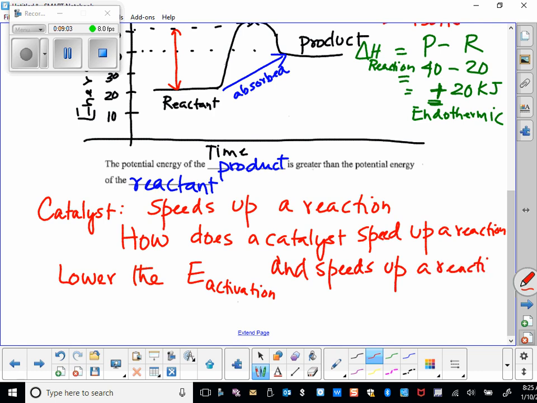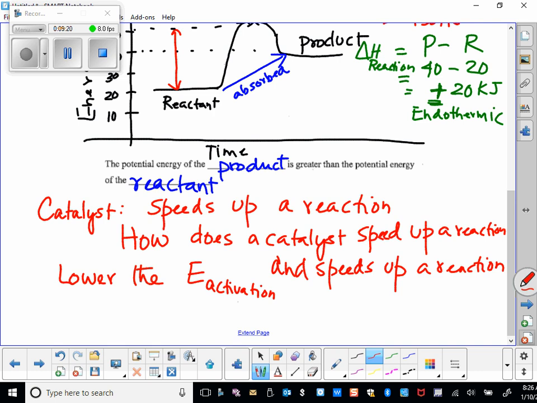Does it make sense? All right? The energy required to start a reaction is lowered because of the presence of a catalyst. And how are you going to show that in your graph?